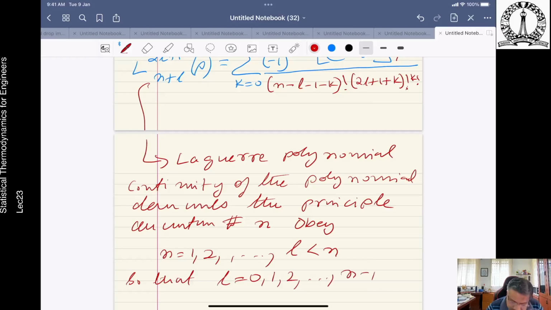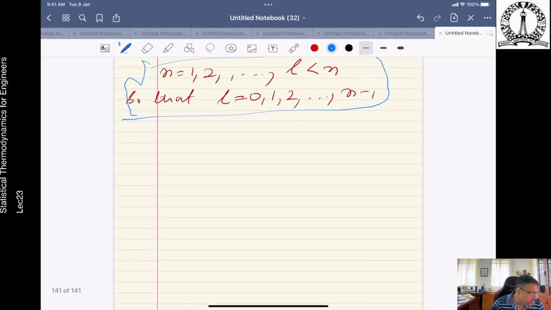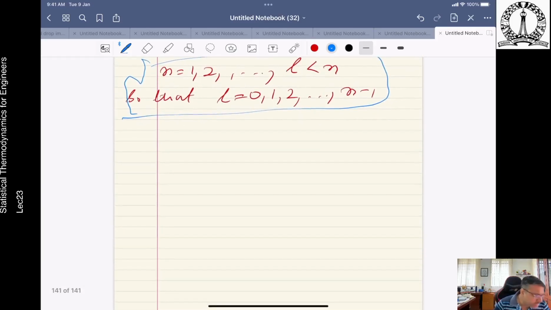So this is given by the Laguerre polynomial, as we said, and the continuity of the polynomial demands that the principal quantum number obey this set of rules. Now let us look at the table.